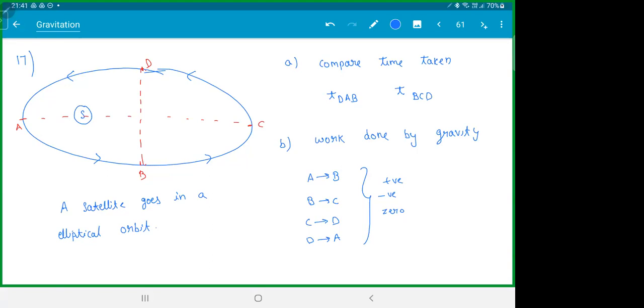You are getting confused at one part: the area swept by the radius vector. The radius vector starts from where? This is the sun.